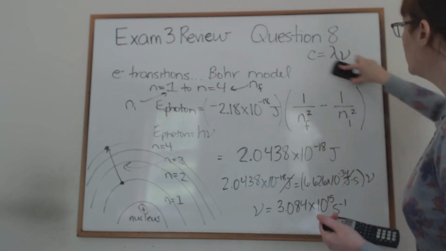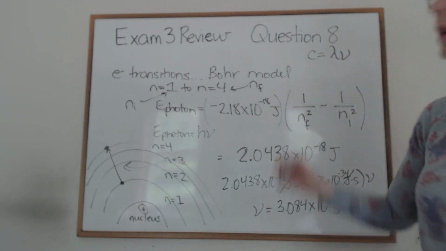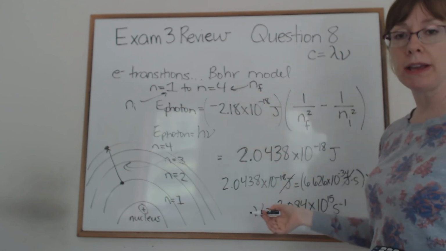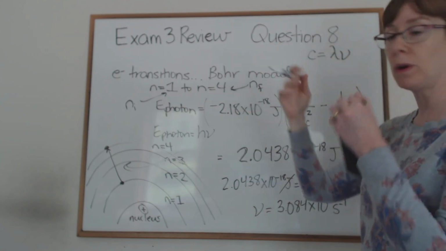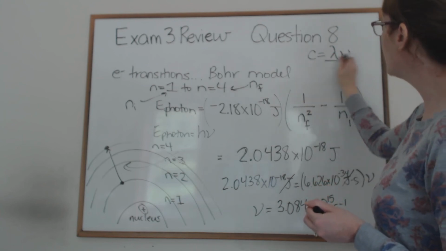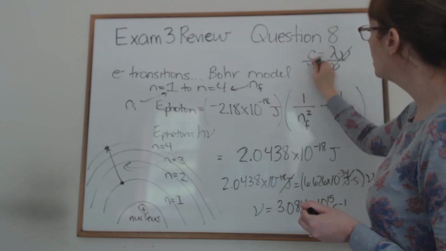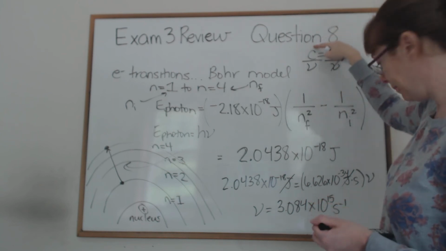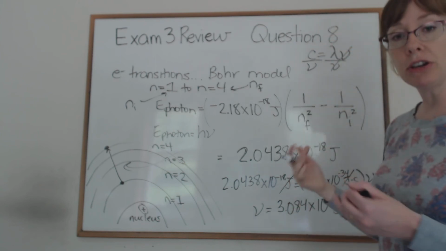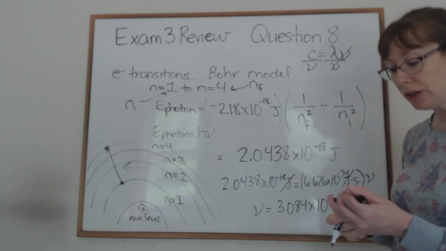So getting quite close. This is oftentimes a stepwise series of equations that you need to solve with these types of questions. So to get wavelength, I would divide c by frequency. c is the speed of light, and it's in meters per second, so frequency is in the correct unit.